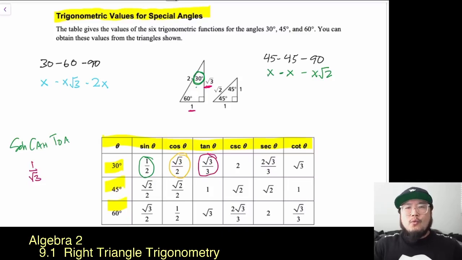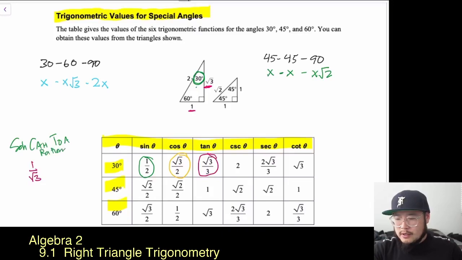Remember, one of your algebraic rules should be we do not have a radical in the denominator. So what do we do? I'm going to mention that again. We will rationalize the denominator. And when you rationalize the denominator, I'm going to take my denominator right here and multiply top and bottom by rad 3.